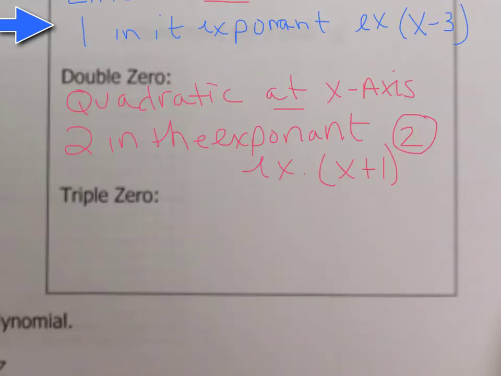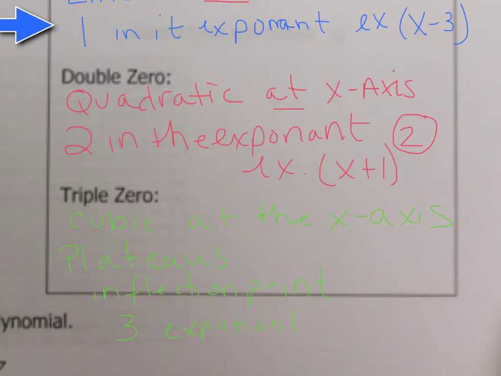And if you couldn't guess already, a triple zero is a cubic at the x-axis. So that means it kind of plateaus. It's our inflection point, but it's right there on the x-axis. And it would be a 3 as your exponent.